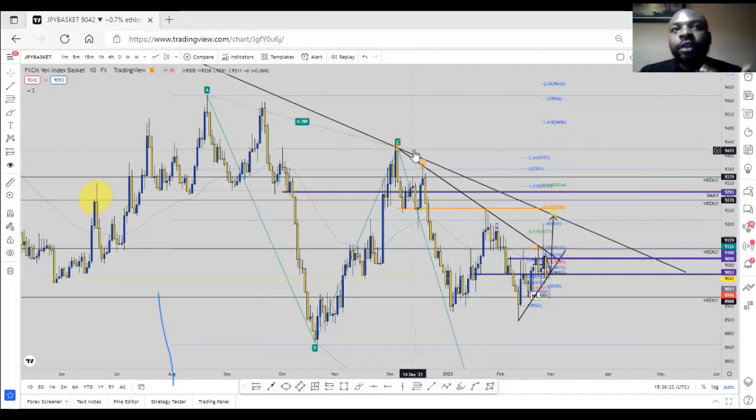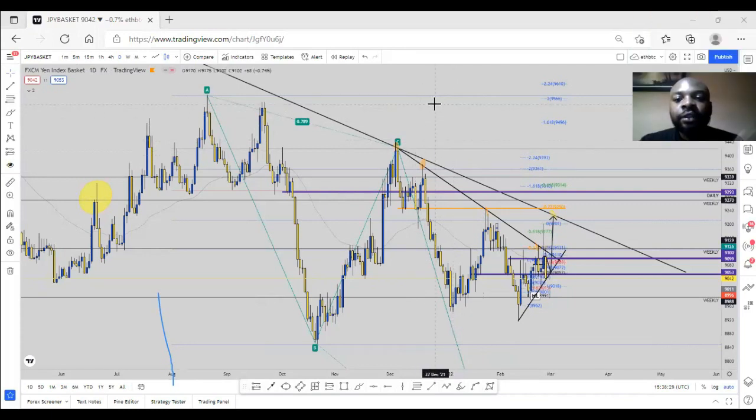When you study correlation in the market, you see cases where one pair goes down while another goes up. For instance, with GBP USD, if GBP is going up, it's expected that USD should be selling off.